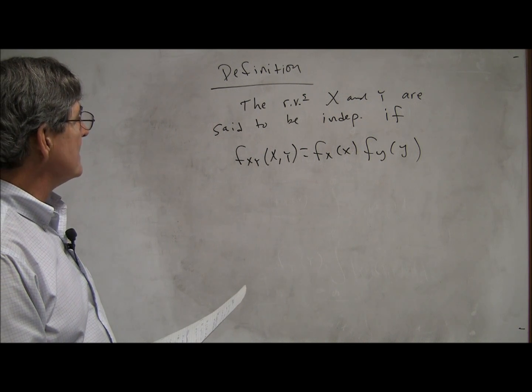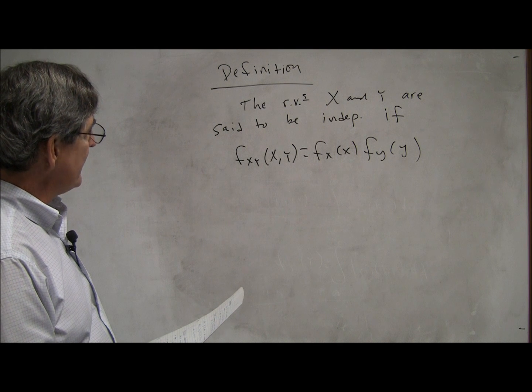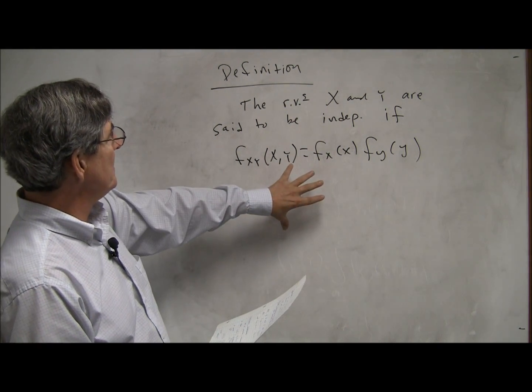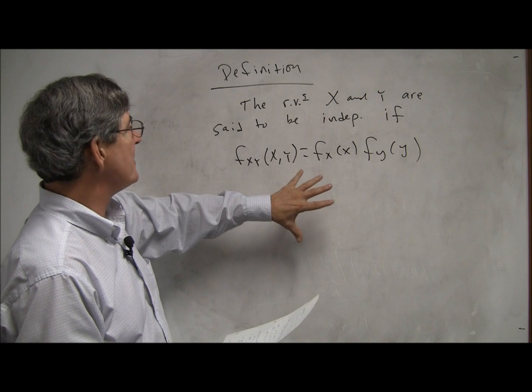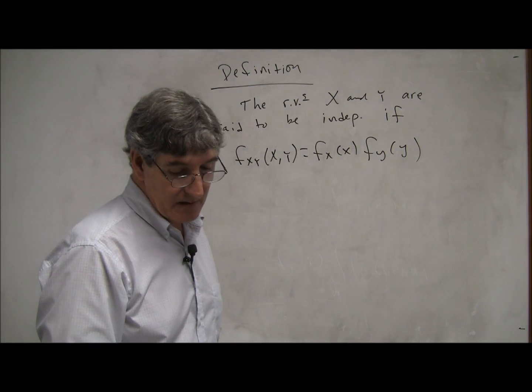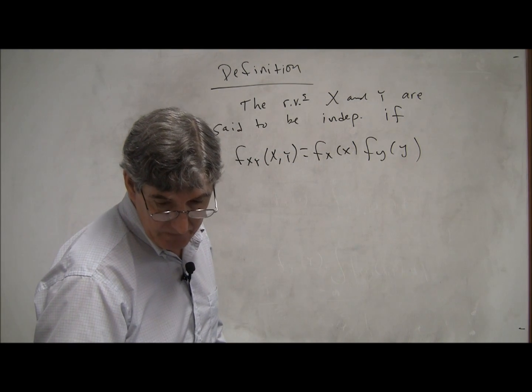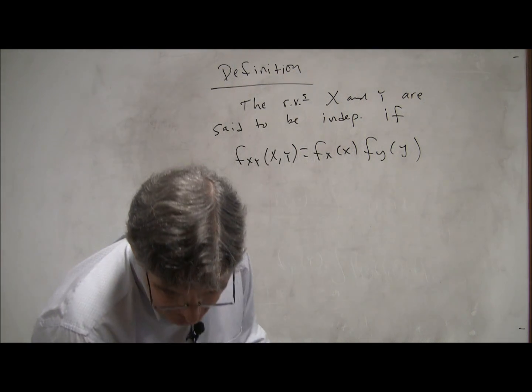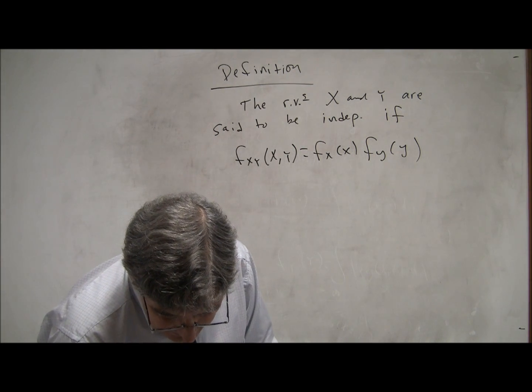That's an important relationship. When this is true, you have independence. When it's not true, then you don't have independence. In a few minutes, maybe I'll do an example of that.